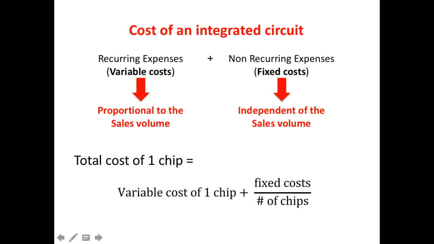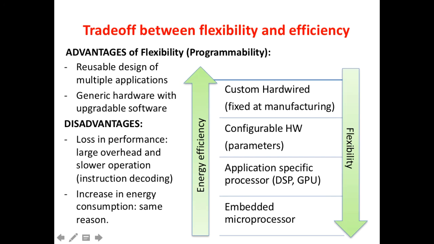So basically, again, to summarize this concept, considering the different trade-off between flexibility and efficiency, we also have to take into account that when you go down these different solutions, you have an increase of the variable costs because these single objects cost more and more for the fabrication.